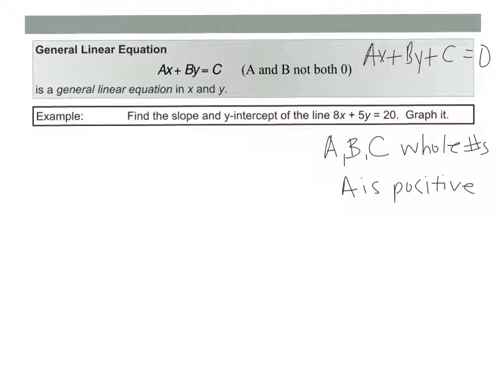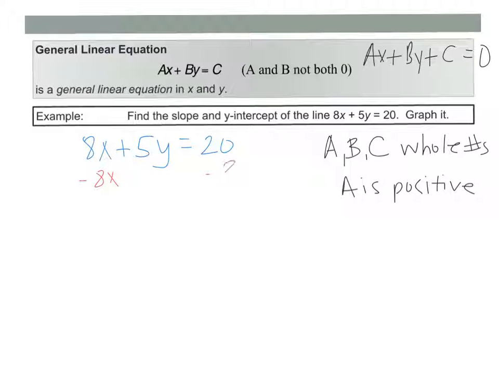So how would I take something like this and change it into slope intercept form? Isolate y. That's it. Don't overcomplicate it, right? Just isolate y. So just using your algebra that you are so good at, isolate y. So what would I do first? Subtract 8x, that's right.